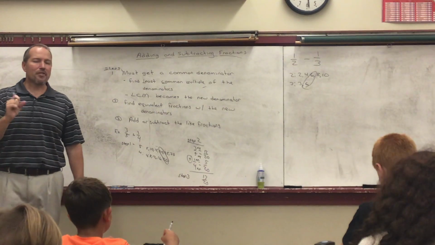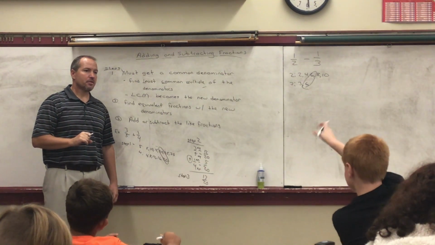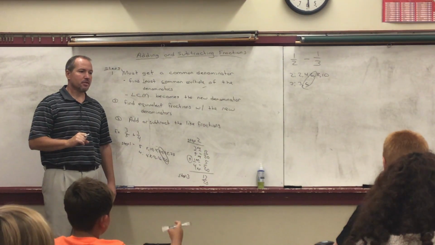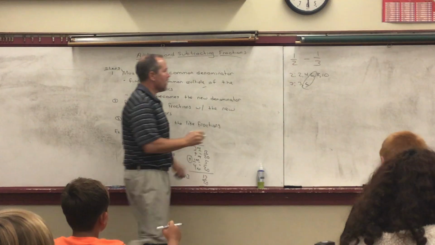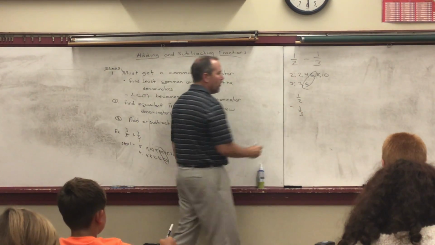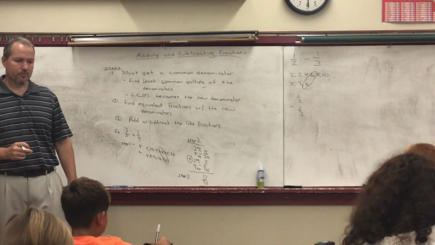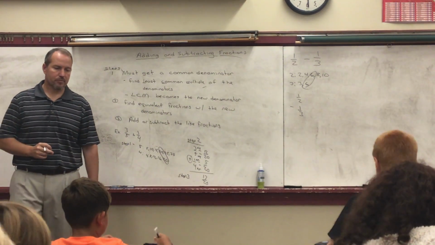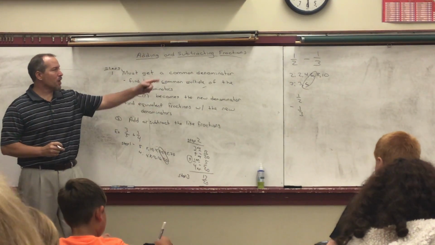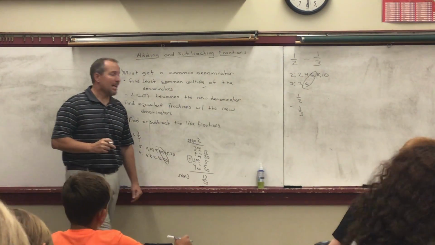Now, what's the next thing that I want you to do? Put it down. We're going to write the problem up and down. So we're going to write 1/2 minus 1/3. Now, what are we going to do with that 6? It's going to be our denominator.